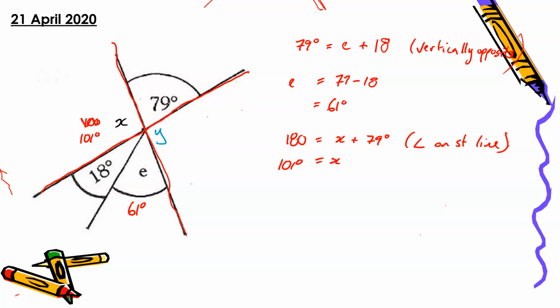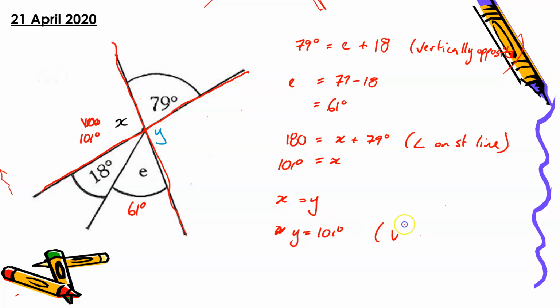Now, if we look at those red lines that we put in earlier, X and Y are vertically opposite each other. So the easy thing to do is to go X is equal to Y, which means Y must equal 101 degrees.